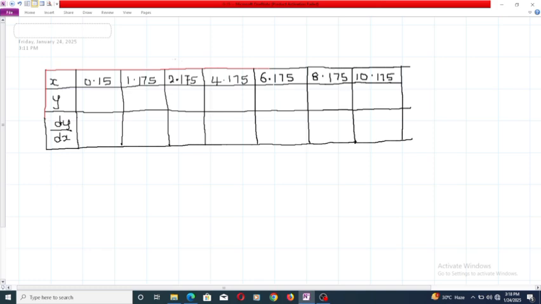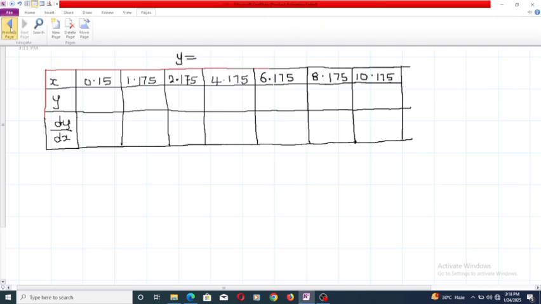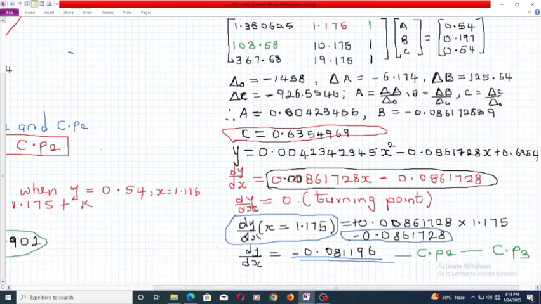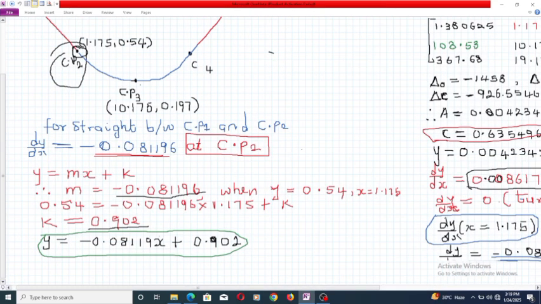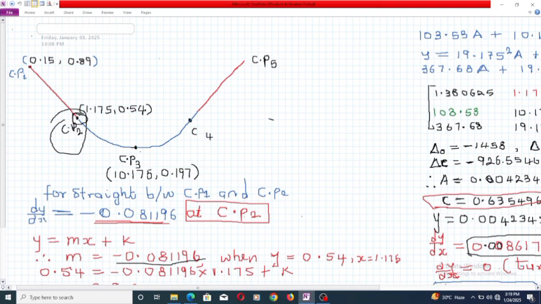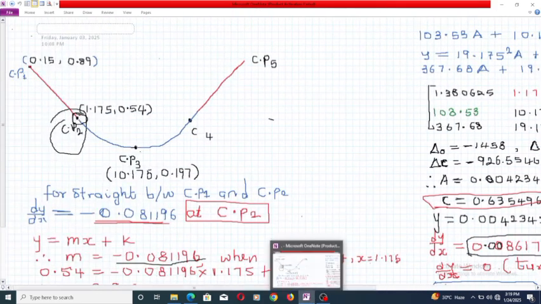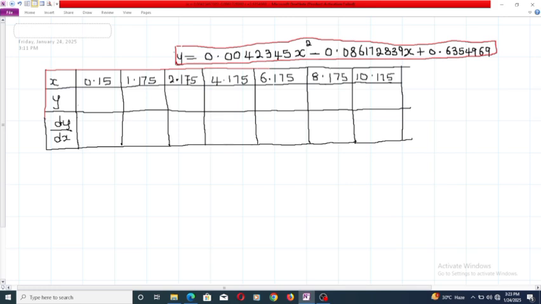So we are going to enter the equation. Let's record the equation we have here. So we bring that equation. Having written those equations, we have it on top of the table.